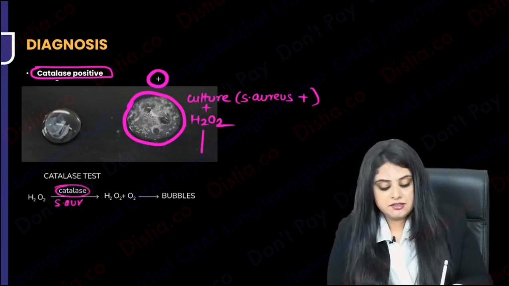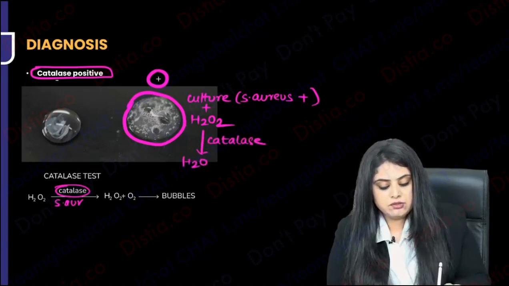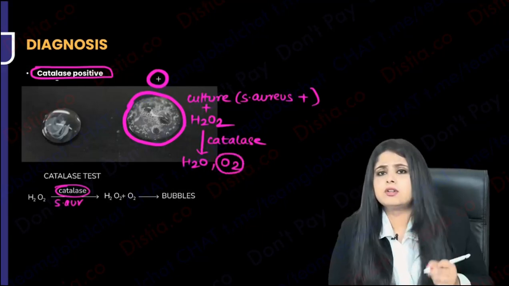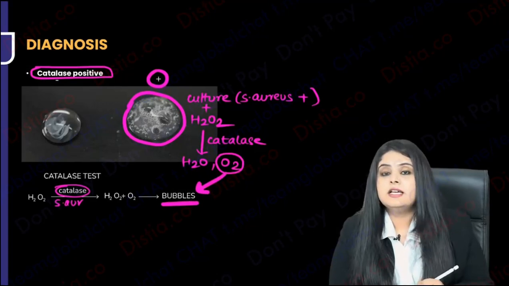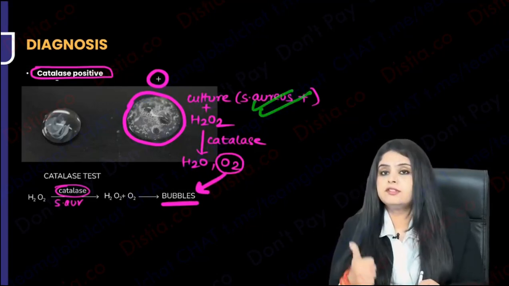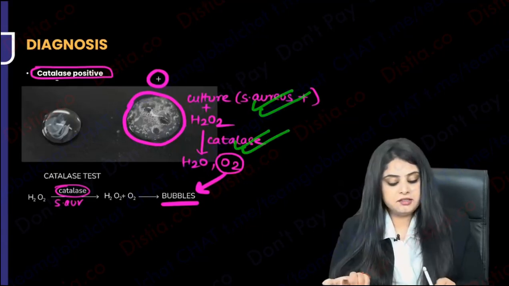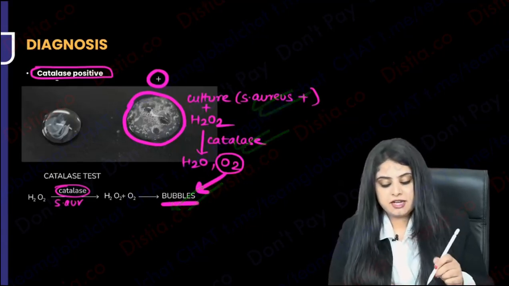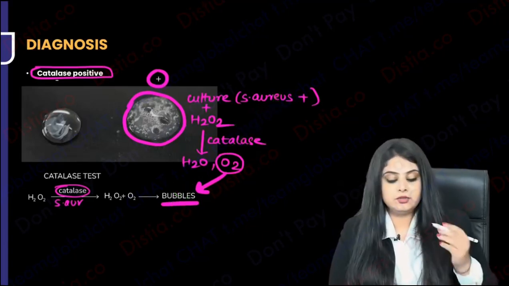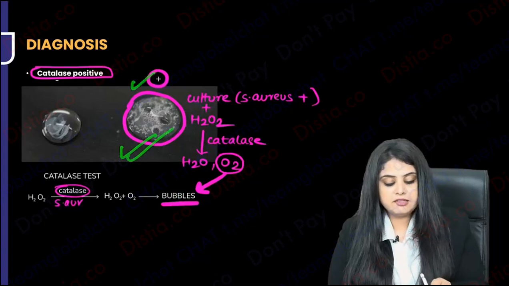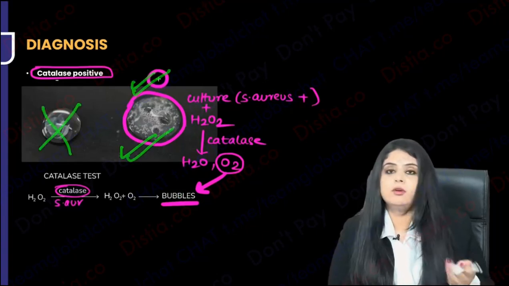And if catalase is there, that will break H2O2 into water and oxygen. Oxygen is going to create bubbles. So simple, if Staphylococcus aureus is there, catalase is there, this means bubbles will form. If Staphylococcus aureus is not there, catalase is not there, this means bubbles will not form. So simple, if bubbles are formed, it is positive. If bubbles are not formed, it is negative.